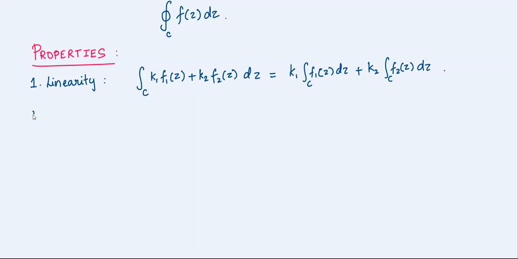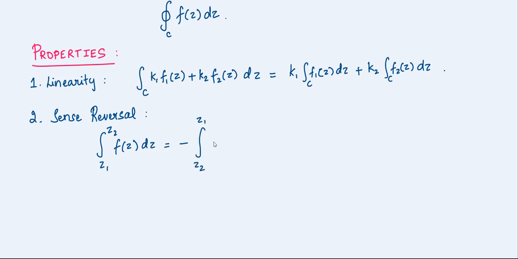This is the linearity property, which is followed just like real integrals. Then sense reversal is another property. Along the same path, if from Z1 to Z2 we are integrating a function, that will be minus of the integral from Z2 to Z1 along the same path.